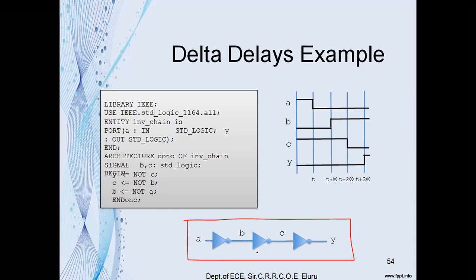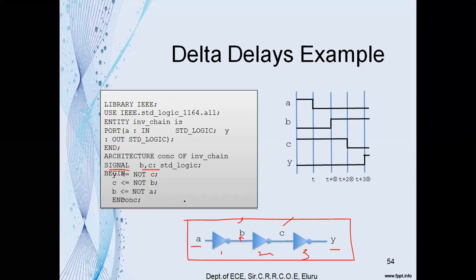So we have a chain of inverters: inverter 1, inverter 2, inverter 3. The output of the circuit is Y and the input is A, and you have intermediate signals. These are the signals B and C, because we are viewing them as signals A, B, C. So B and C are the intermediate signals, and A and Y are the real signals.